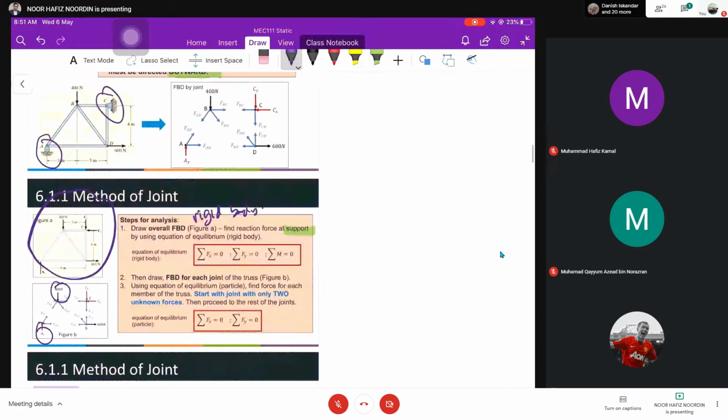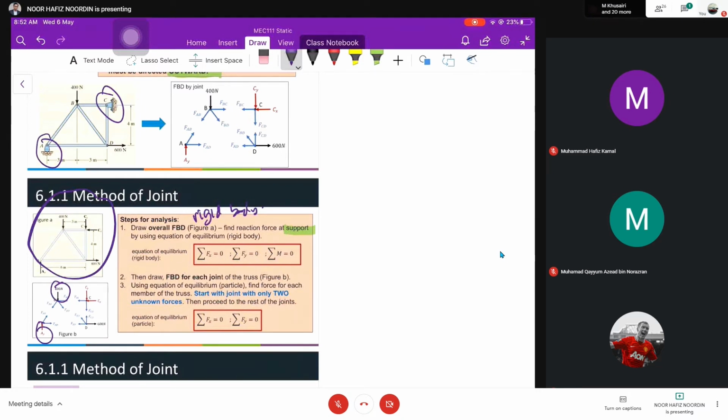And then, using the equation of equilibrium for a particle, find the force for each member of the truss. Start with a joint with only 2 unknown forces, then proceed to the rest of the joints. For the equation of equilibrium for a particle, we only have 2: summation of Fx equal to 0 and summation of Fy equal to 0. And there is no summation of moment equal to 0.